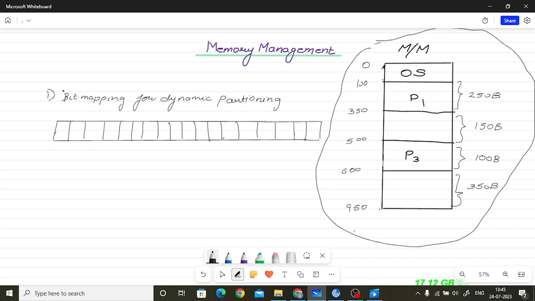So this is the main memory, and it is divided into small allocation units, where the size of each allocation unit is 4 byte, and into it processes are stored. We also have one array.